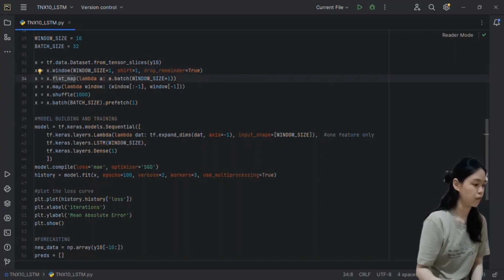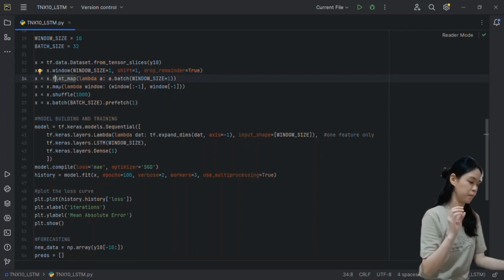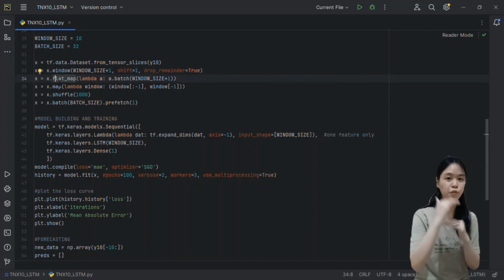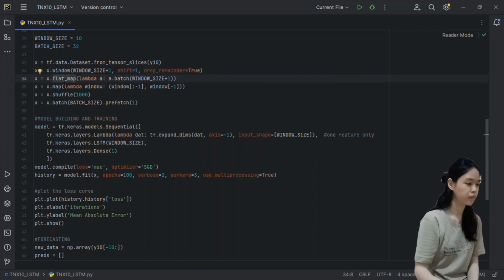And then since we have many datasets, we want to flatten them. We do it with the flat map function.